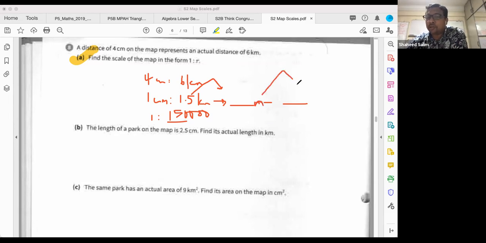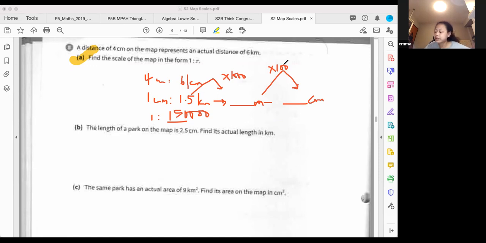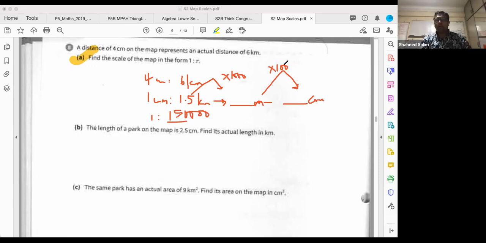Then from meters to change to cm, times by 100. $150,000. Okay, good. So you got it really good.